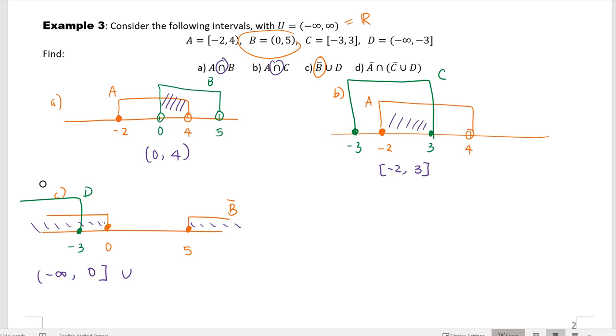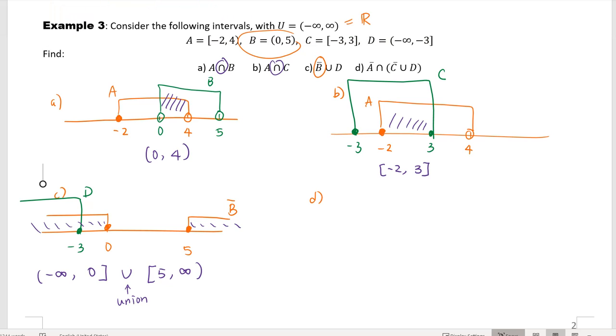So that's why we take a union there. And then 5 to infinity. So far so good, everyone? If you see 2 intervals, then you want to use this union notation.